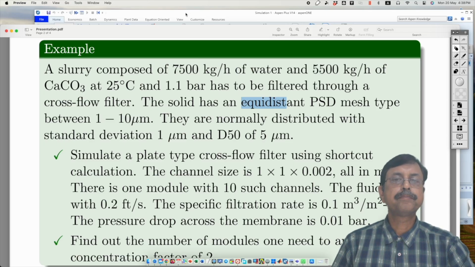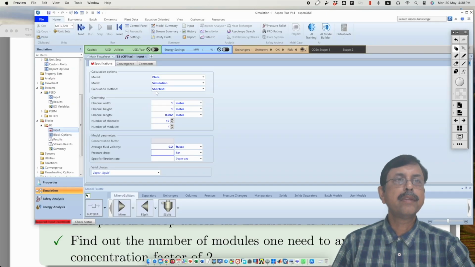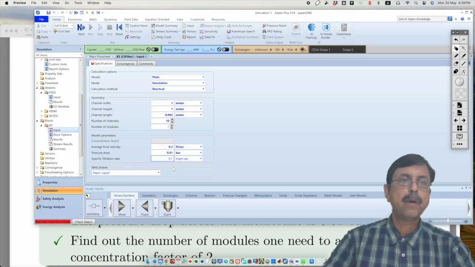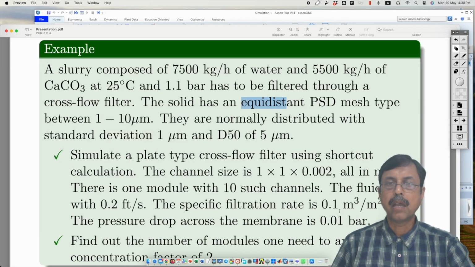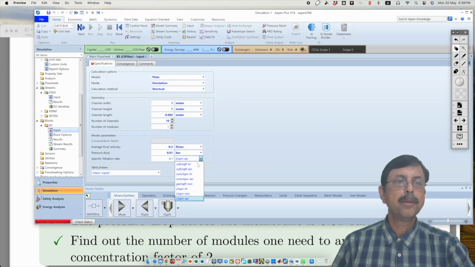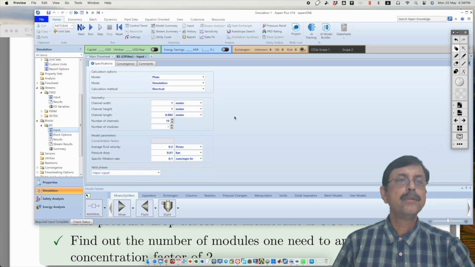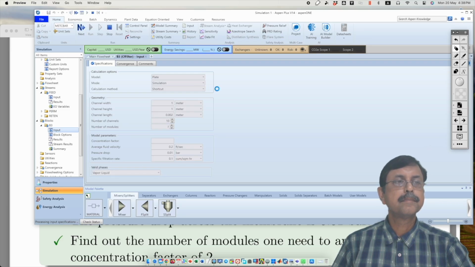Because we are using the shortcut method, we have to provide this one. So this is 0.01 bar and it is 0.1 meter cube per meter square hour. So that completes the specification. Required input complete, so we can run the process.